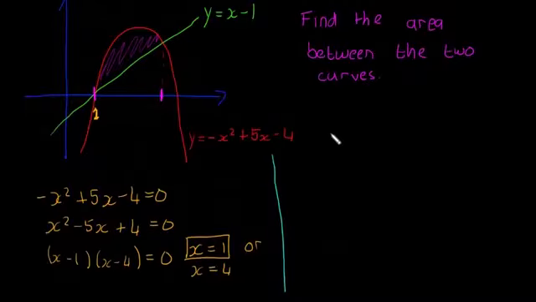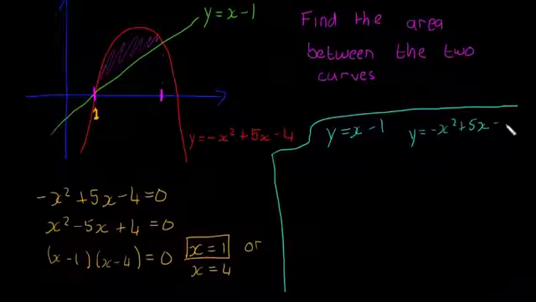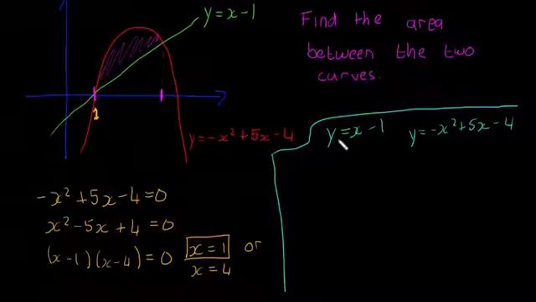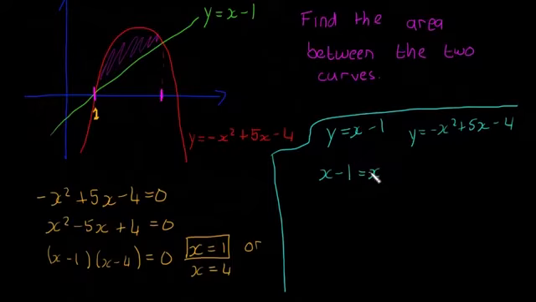Okay, so we have y is equal to x minus 1, and also y is equal to minus x squared plus 5x minus 4. If we want to let them equal to each other, they're both equal to y. So that means we can say that x minus 1 is equal to minus x squared plus 5x minus 4.